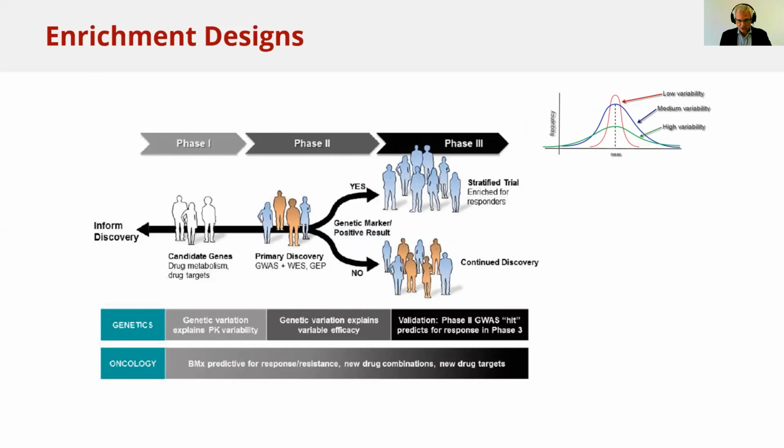Another design feature is enrichment. Enrichment is very much like stratification in that at baseline, we divide up the sample into different groups. The difference is that in enrichment, we drop one of the groups from consideration in our design. And this is common with genetic biomarkers, but it doesn't have to be genetic biomarkers. It's just some baseline characteristic.